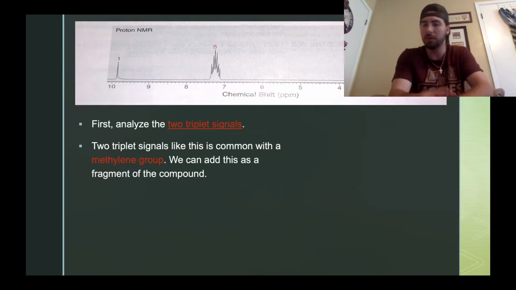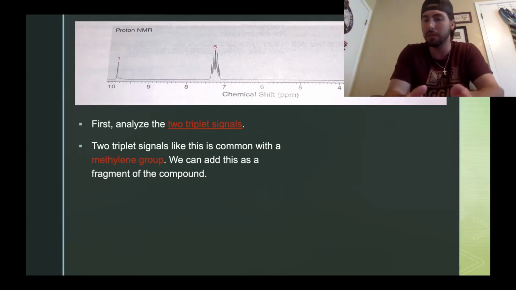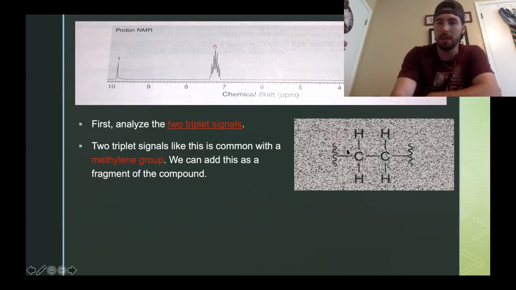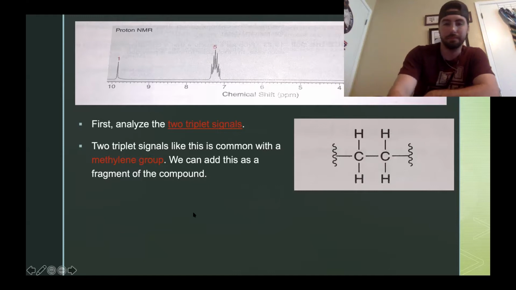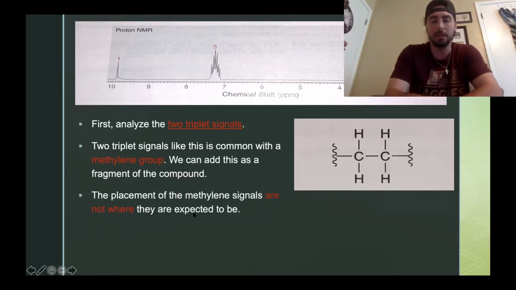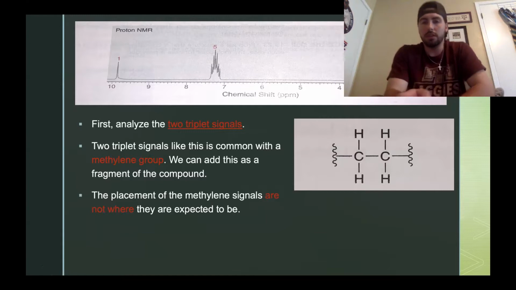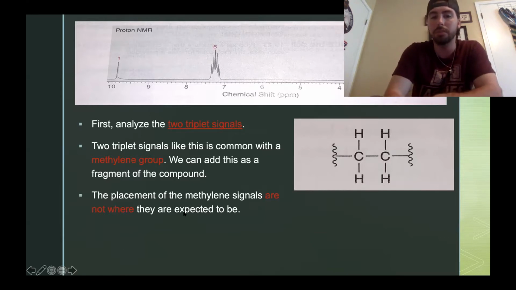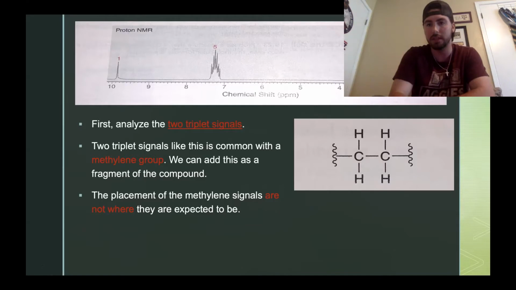So we could think of this as 2 methylene groups put together, a methylene group bonded to a methylene group. And you can see it here. According to where methylene groups should be, it's not quite consistent, it's a little bit downfield, which means that there could be a functional group in the compound that's causing it to shift.